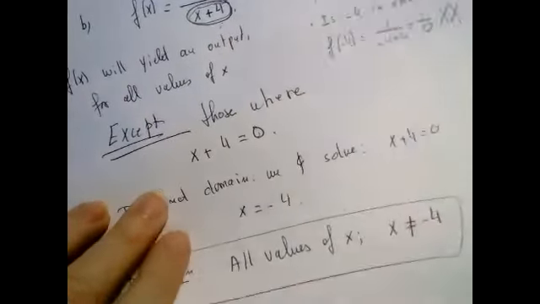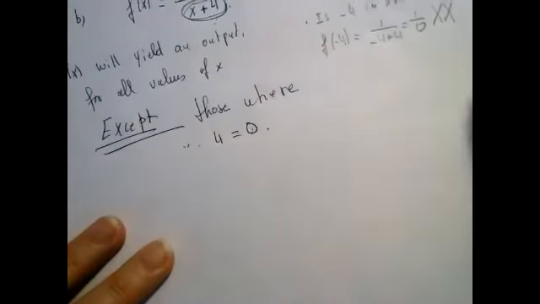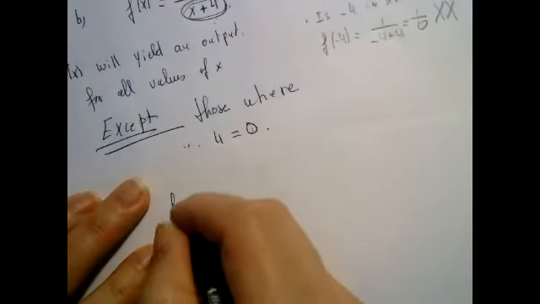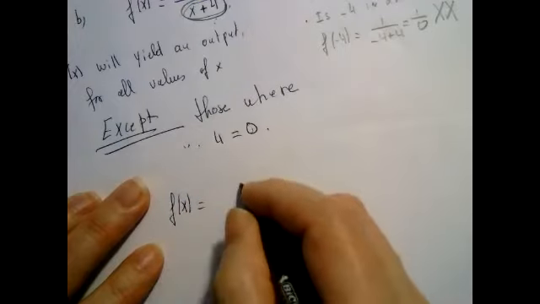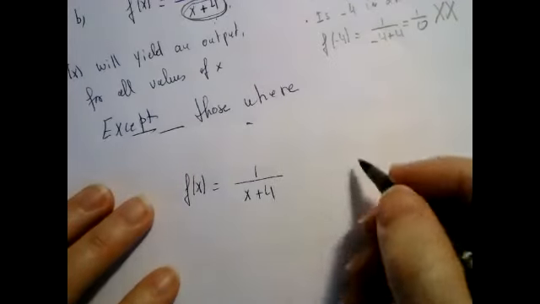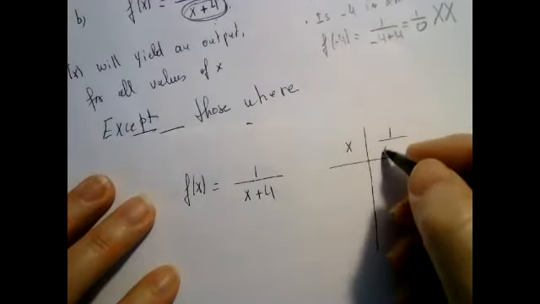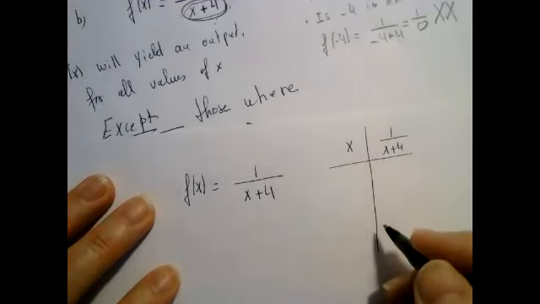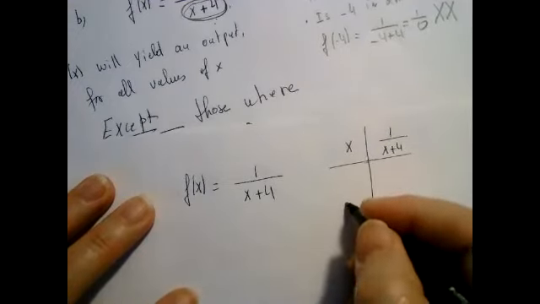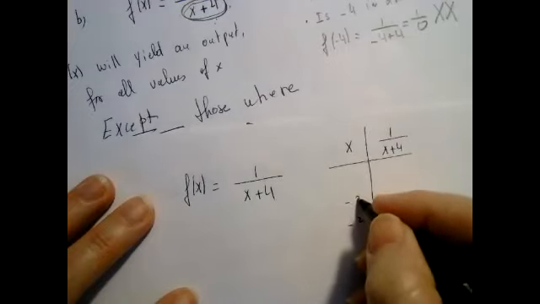Let's see what it means. Suppose I sit down and start graphing the function f of x equal 1 over x plus 4. Basically, I take x, I take 1 over x plus 4, and I start picking values and evaluating. For example, I pick minus 2, minus 3.